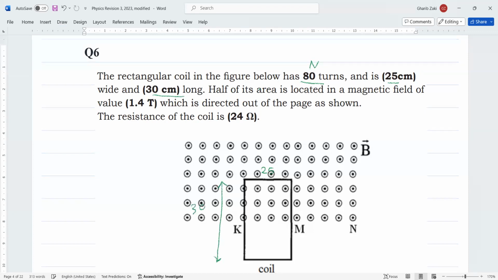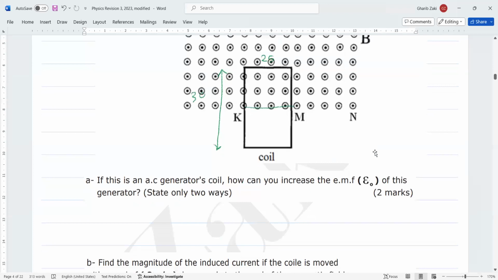So this is, okay, centimeter. Half of its area is located, it's okay. Half is located in magnetic field of value, so this is B, which is directed out of the page. Can you see the dot? It means out of the page. The resistance of the coil, this is R. Okay, so what is the required here?